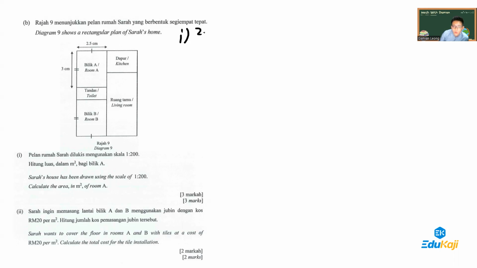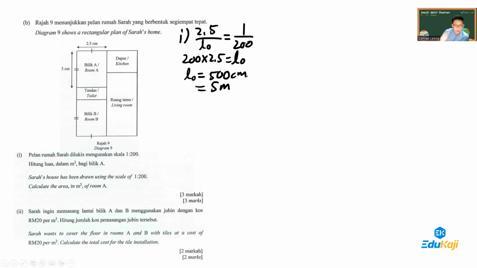So 2.5 over the length of object equals scale 1 over 200, means 200 times 2.5 is the length of object. So it is 500 cm or 5 meters.